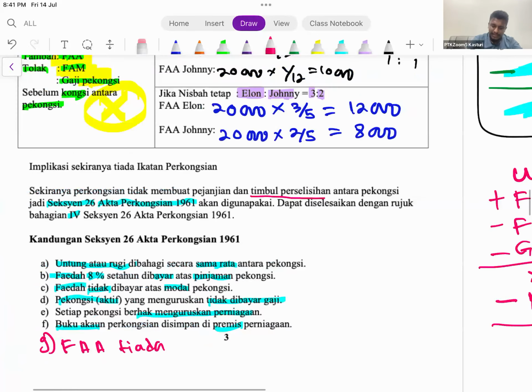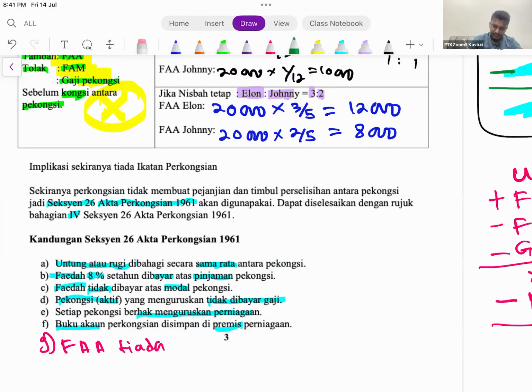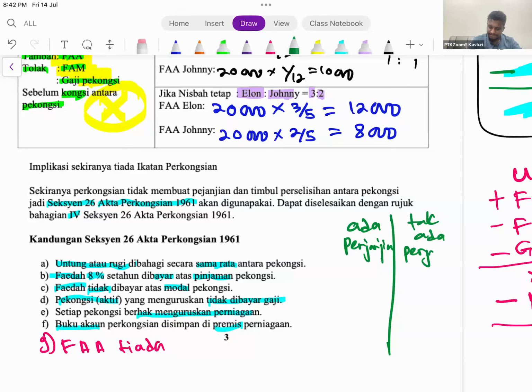Okay, a quick check, ataupun quick summary. Kita tengok, kalau ada perjanjian, what happened? Kalau tak ada perjanjian, first one, what happened to your faedah atas ambilan?